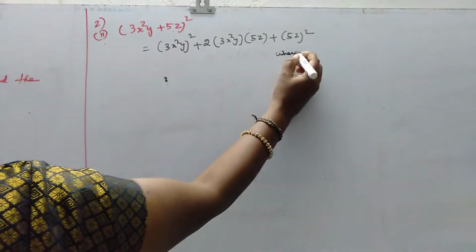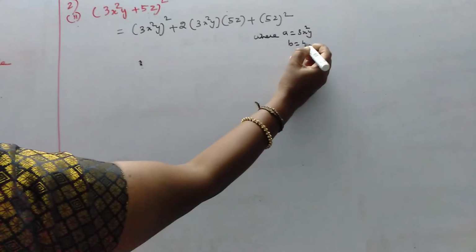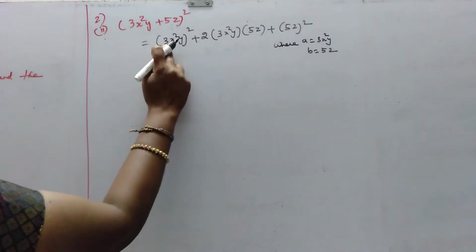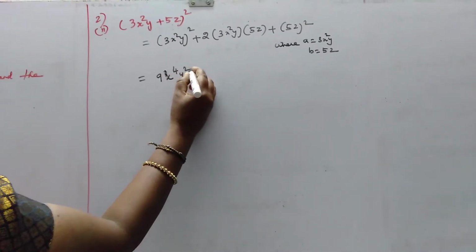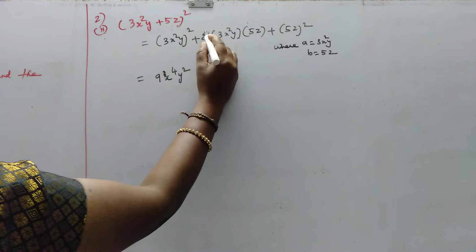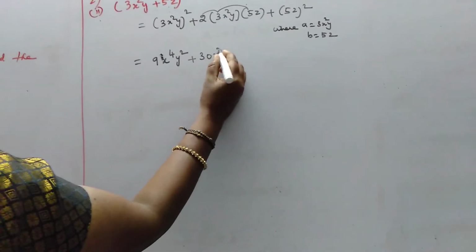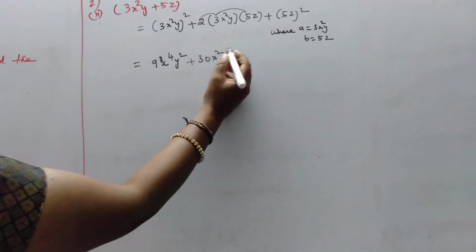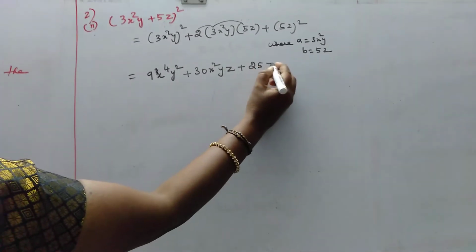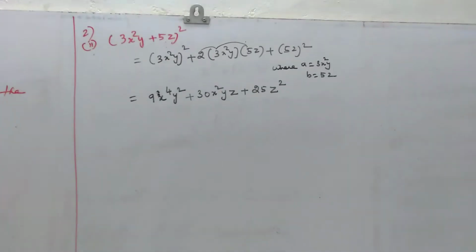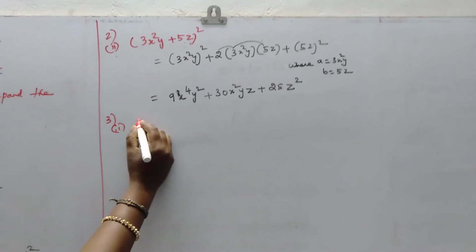Here a equals 3x square y and b equals 5z. Squaring, we get 9x power 4 y square. Then multiply the numbers: 2 3s are 6, 6 5s are 30, so plus 30x square yz, then plus 25z square.